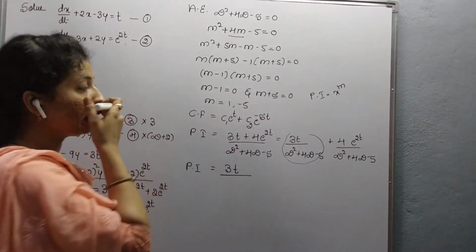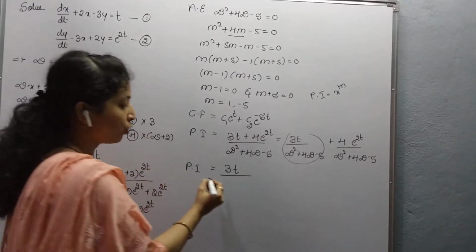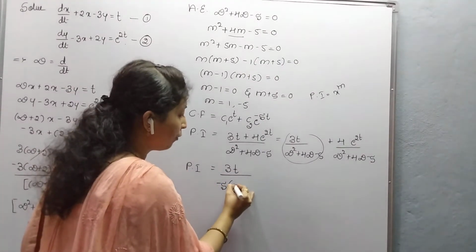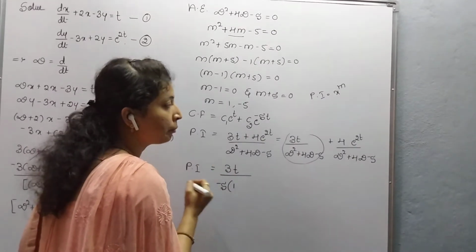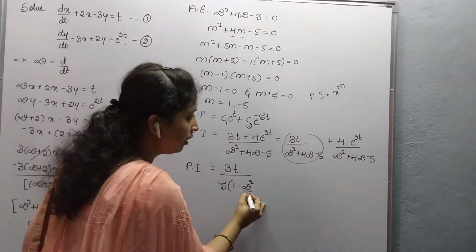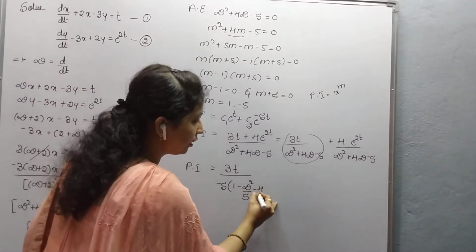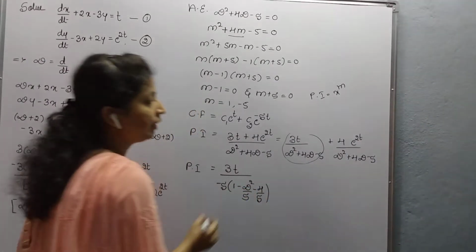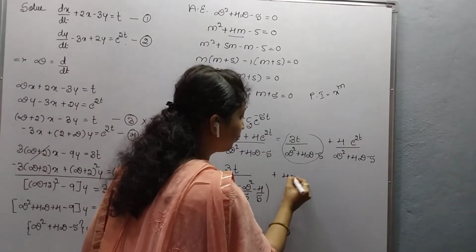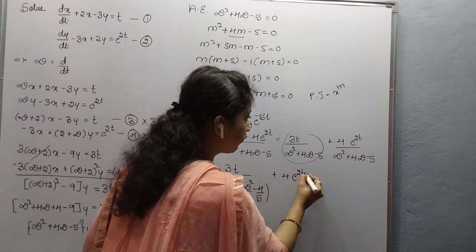Again here we take the constant term as common, that is minus 5 as common. Into the bracket we have plus 1 and minus (D square divided by 5 minus 4 divided by 5 plus 4) into e raised to 2t.